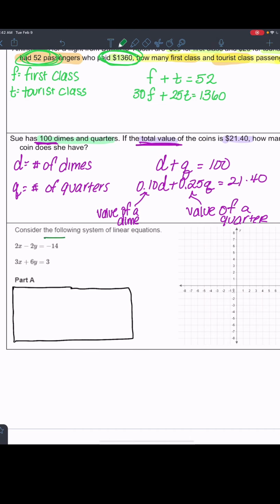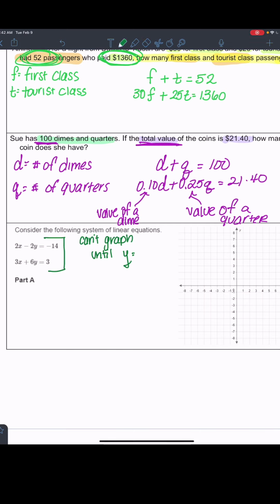But if I'm looking at this system, I can't graph until they are y equals. So let's make them y equals. If I have 2x minus 2y equals negative 14, subtract 2x. Ladies and gentlemen, some of you are not bringing the x with your 2.